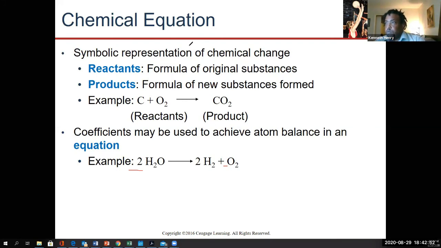And then up here, we have carbon plus oxygen gas yields carbon dioxide. Okay. I have a question. Yep. What's the difference between O2 and 2O? Do you know what I'm talking about? 2O, like this, and then O2.